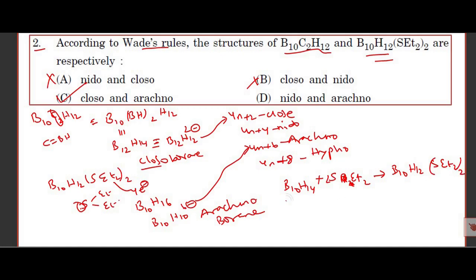Here B10H14 is a nido-borane, and here it is an arachno-borane. So nido-borane is converted into arachno-borane. Hence option C is correct.